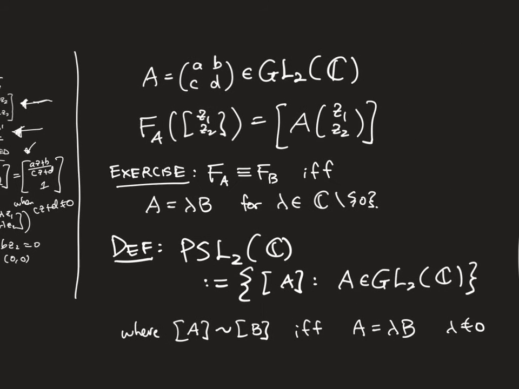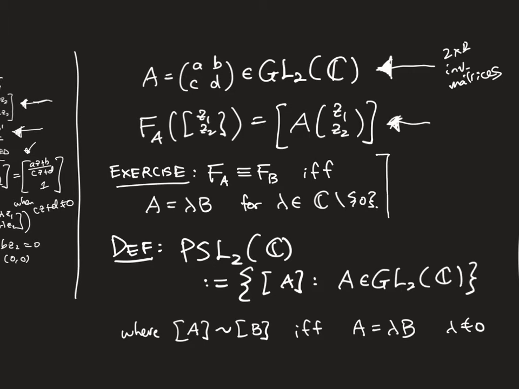So if we take a 2 by 2 matrix, which is in GL2C, and recall this is just 2 by 2 invertible matrices, we can define one of these FLTs on CP1 using just matrix multiplication, and it's really no different from what we've been writing before.